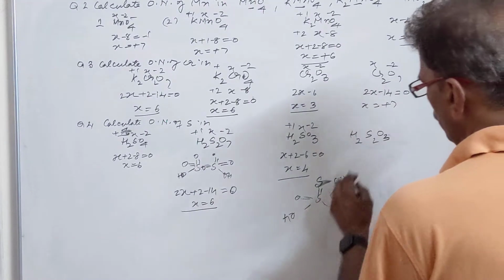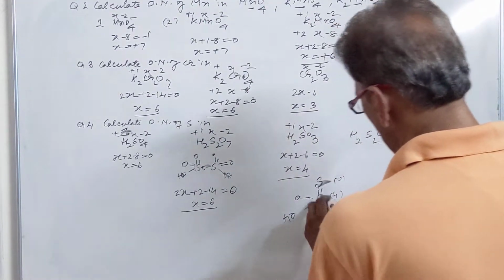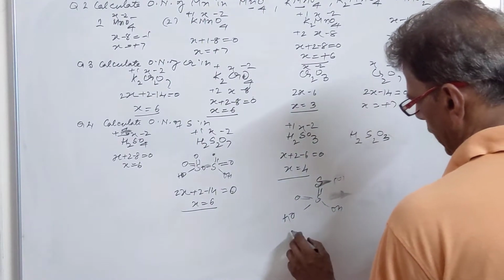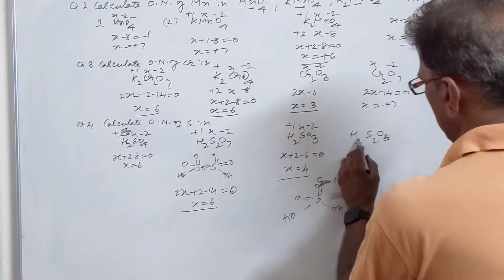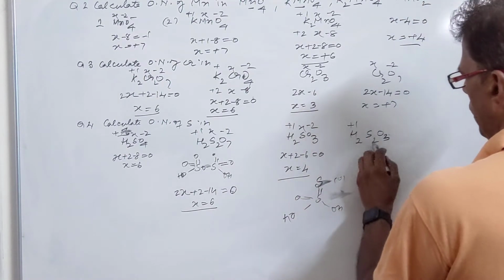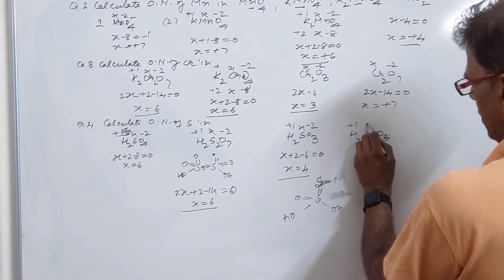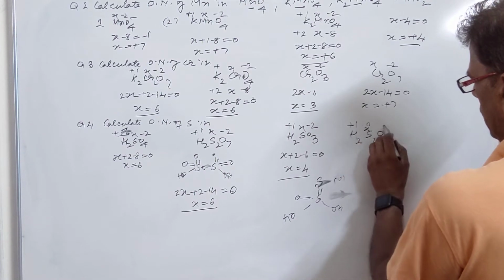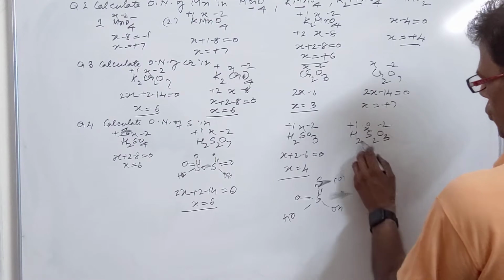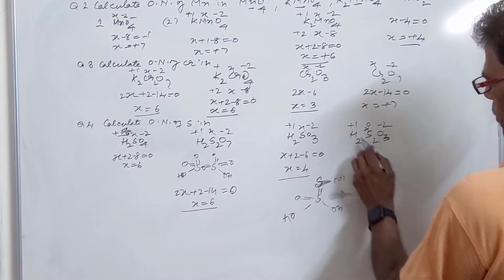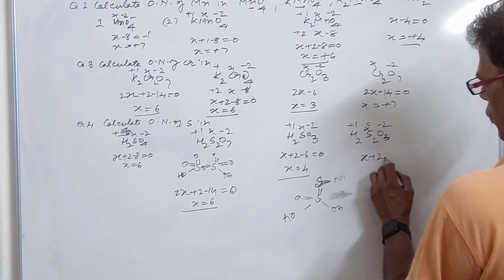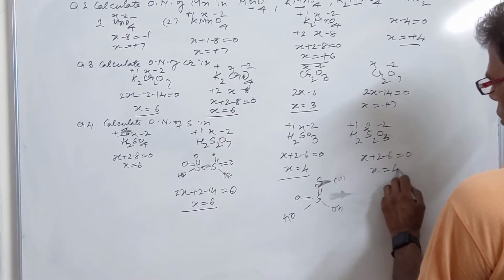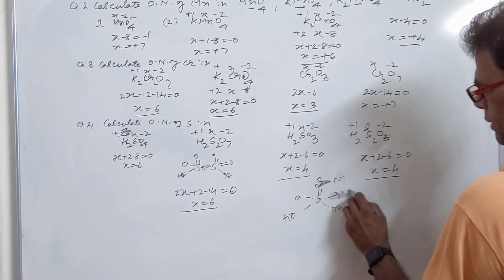So if you want to calculate the oxidation number of this sulfur, let it be calculated. For hydrogen we are adding plus 1, and 0 for one sulfur; another sulfur is to be calculated, that is x here, minus 2. So we have the equation x plus 2 minus 6 equal to 0, and x will be equal to 4 in this case.